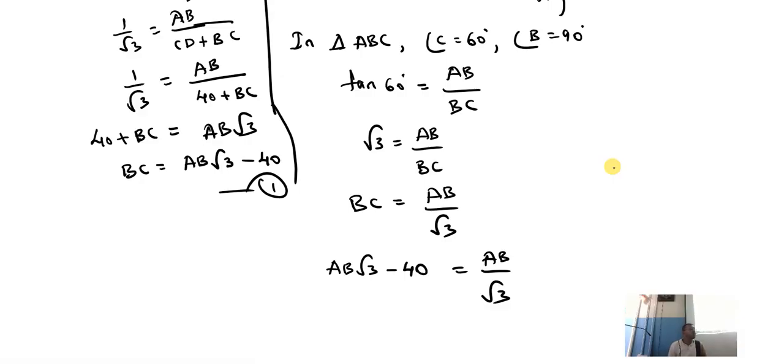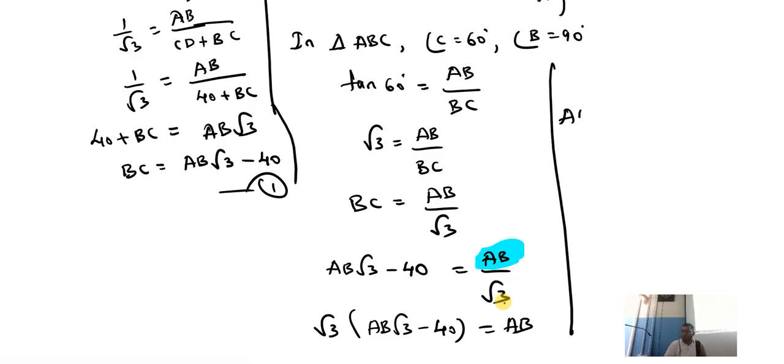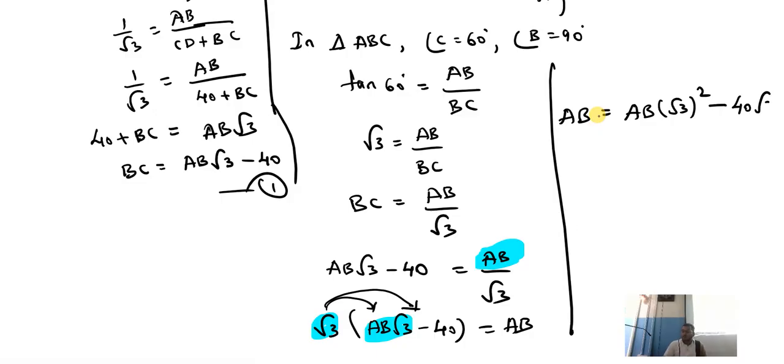Now what do we want? We want AB, we are finding the value of AB, no? So keep AB as it is. Root 3 shifts to the opposite side. It becomes root 3 into (AB root 3 minus 40), equals AB. Multiply: AB root 3 into root 3 is AB times root 3 squared, minus 40 into root 3, that is 40 root 3.